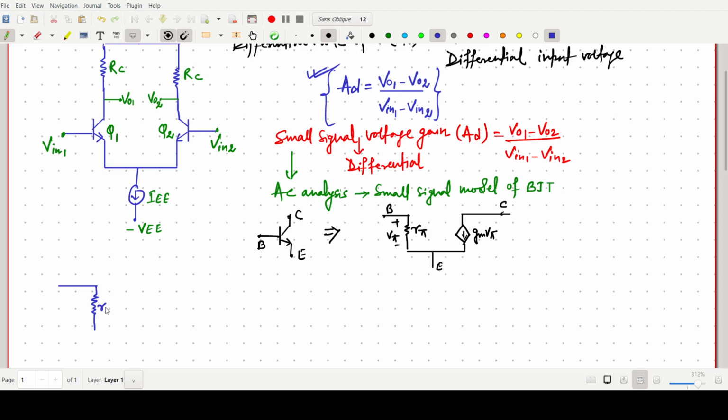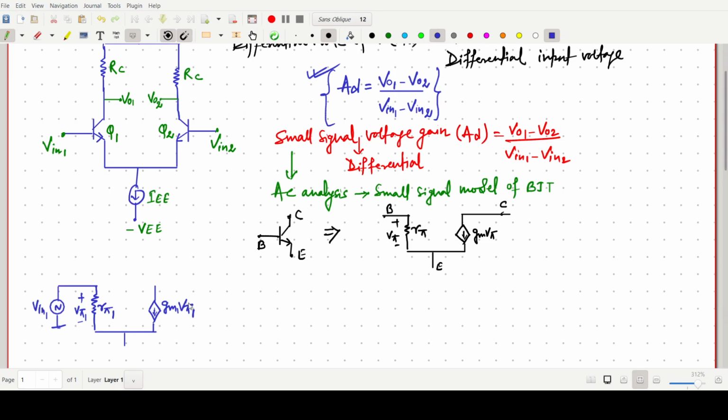This should be our R pi 1 for the Q1 transistor, and one current source, that is our gm1 V pi 1. This model you have to know, and this voltage is more or less the same as V in 1.